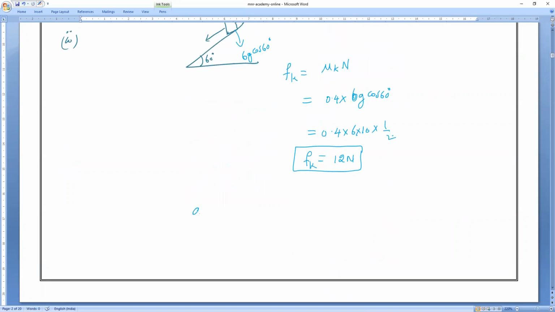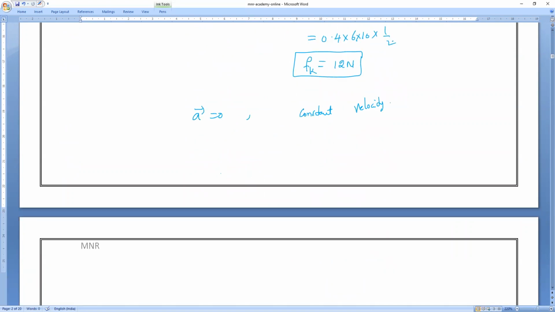As we all know, acceleration is equal to 0, as it is what? Constant velocity. So the body has to travel with Fk equal to how much, guys? 12 newtons. It has to move, but acceleration is what?